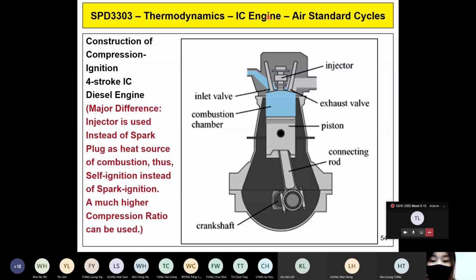You can achieve the conversion between different forms of energy. This is the function.